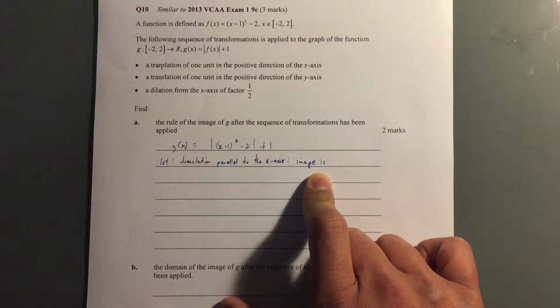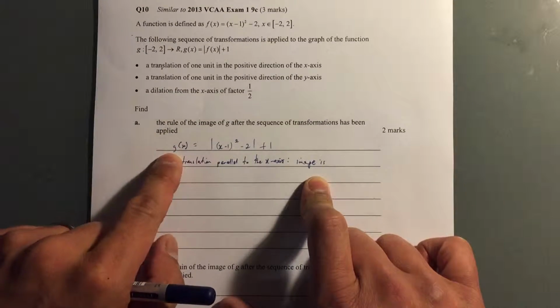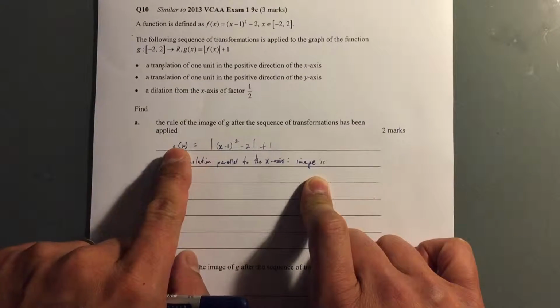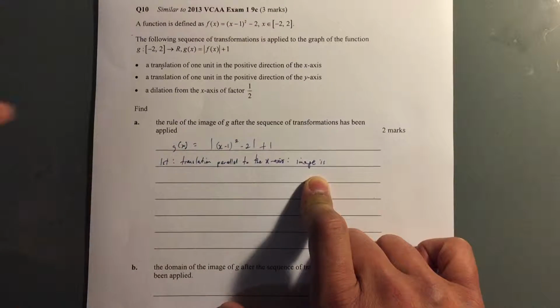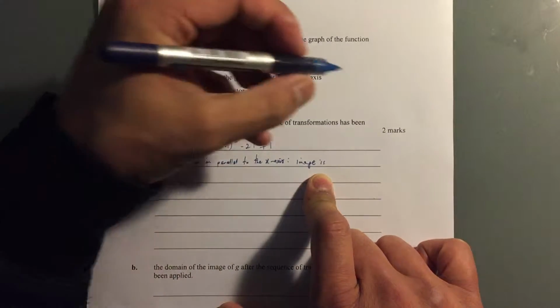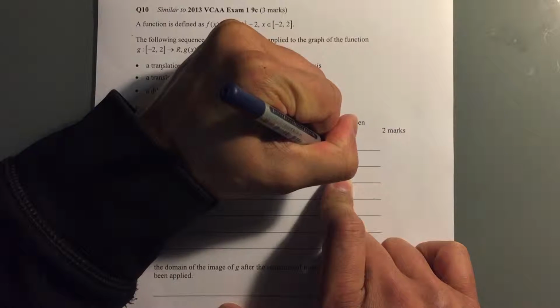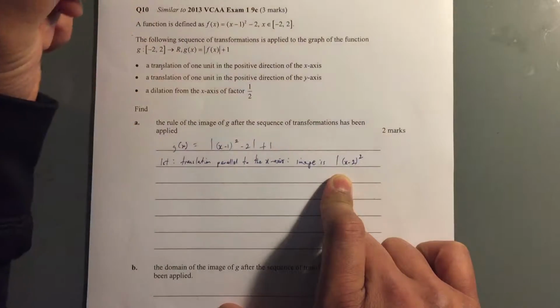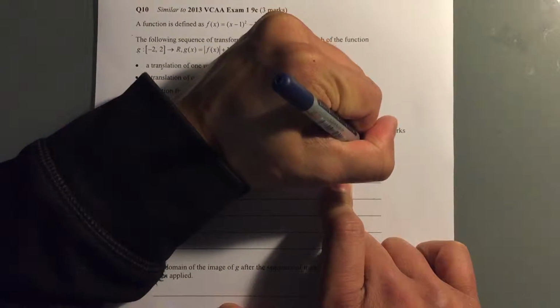So g of x will go to g of x take 1. Wherever I see x, it becomes x take 1, and here's my x. So this is going to become x take 2 all squared, take 2, plus 1.